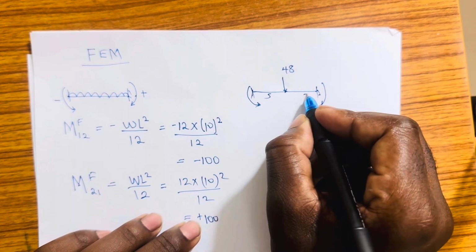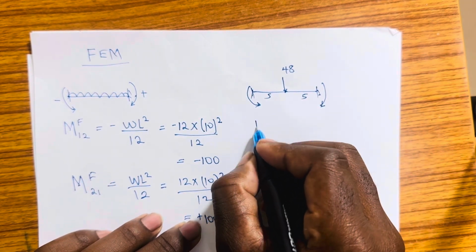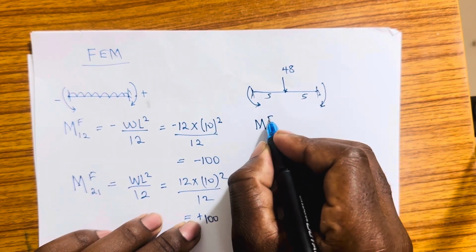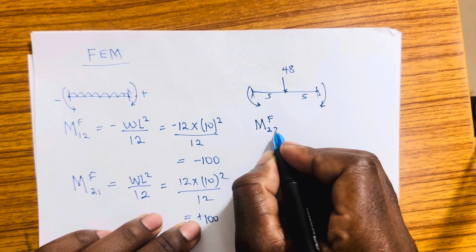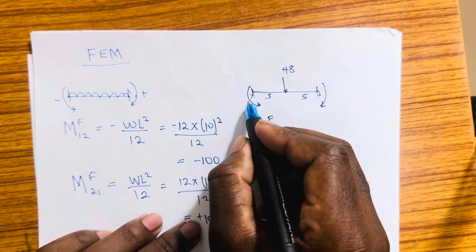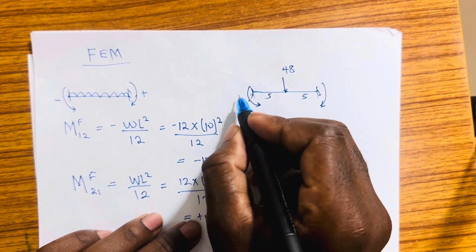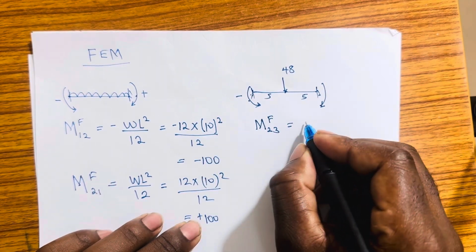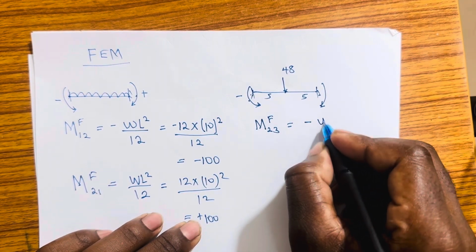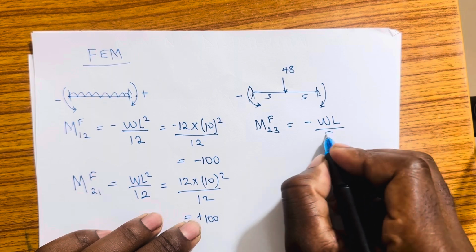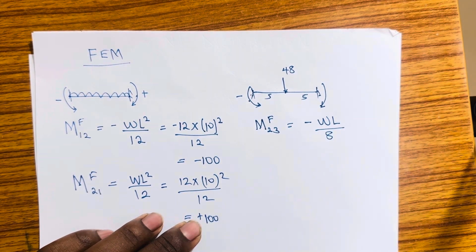Because here is 5, here is 5. The formula MF, let's start with 2, 3, from here to here. This 2, 3 is anti-clockwise, so it must be negative. So the formula is minus WL by 8. In this case W is the load.